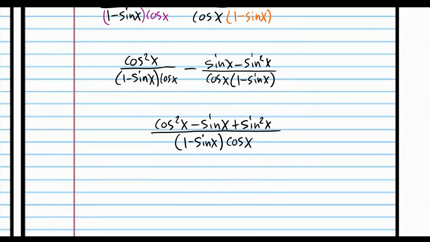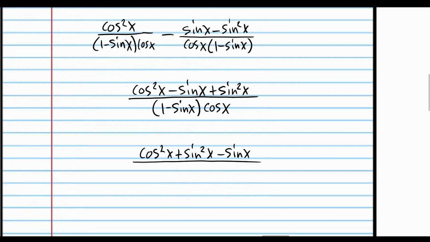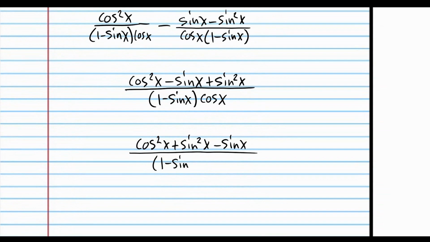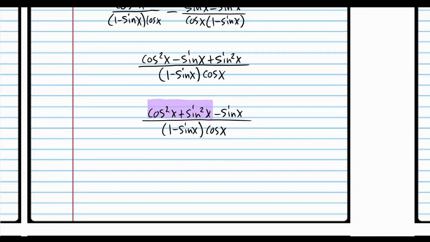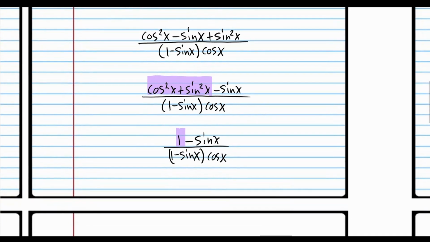Then we have cosine squared x plus sine squared x. So that's a Pythagorean identity. And as you can see, this factor cancels out.